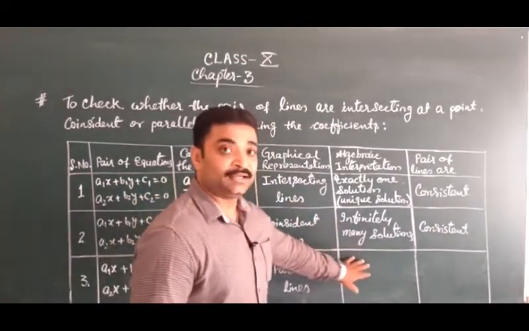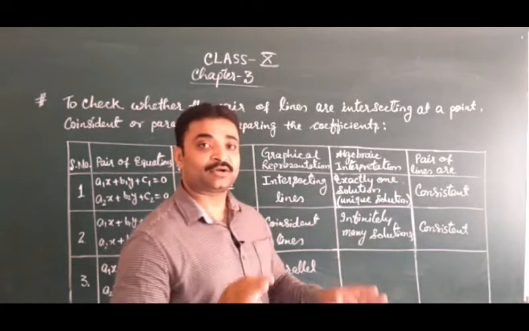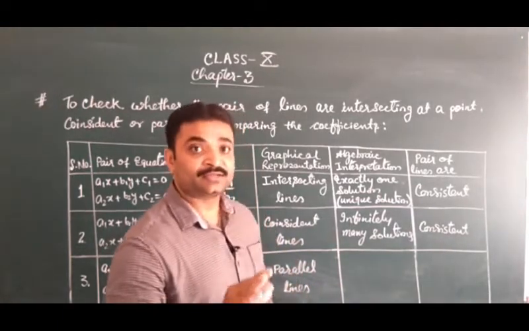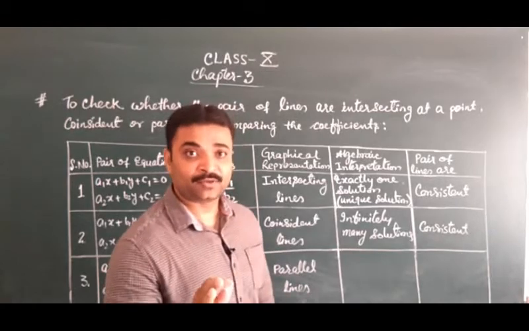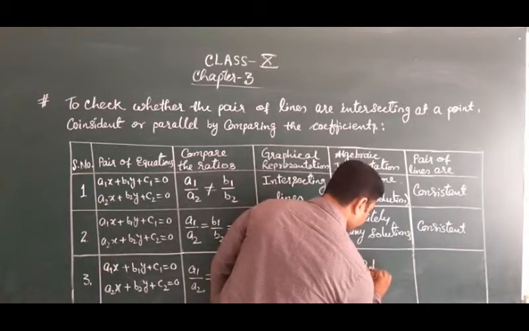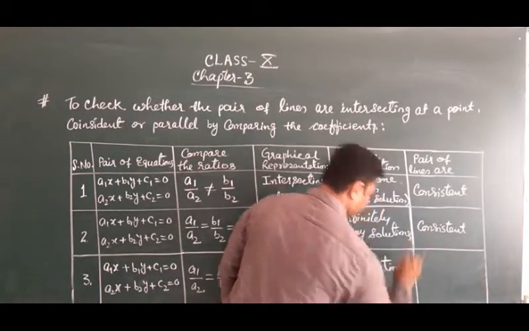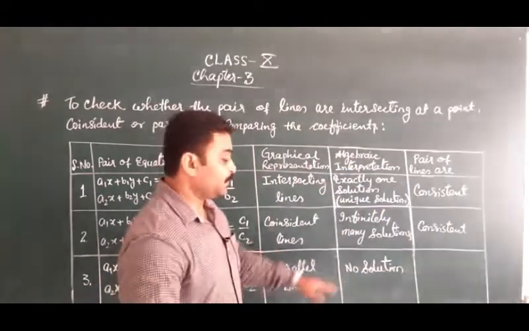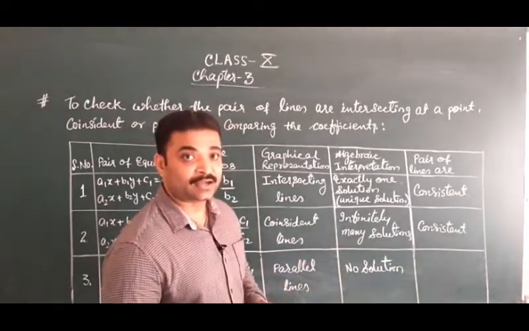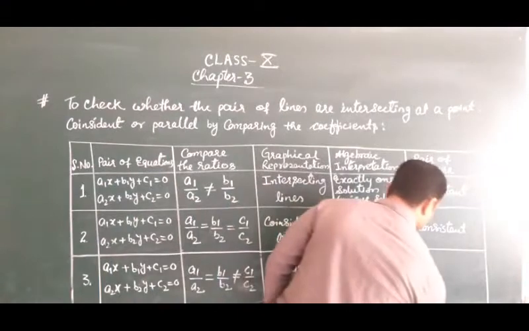Since two lines are not intersecting and not coincident, we will not get a solution, we will not get any common point, therefore we can write here no solution. And if we are not getting any solution, then the lines are inconsistent.